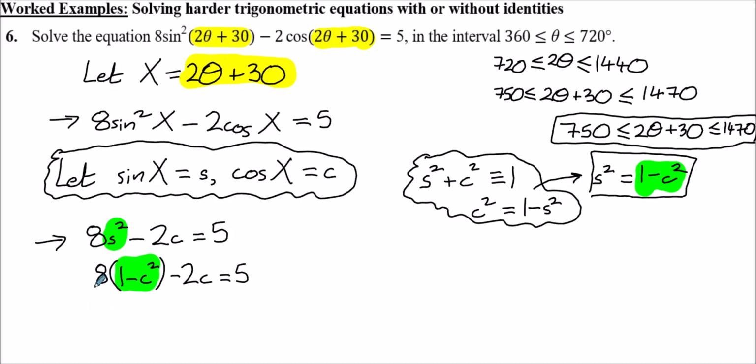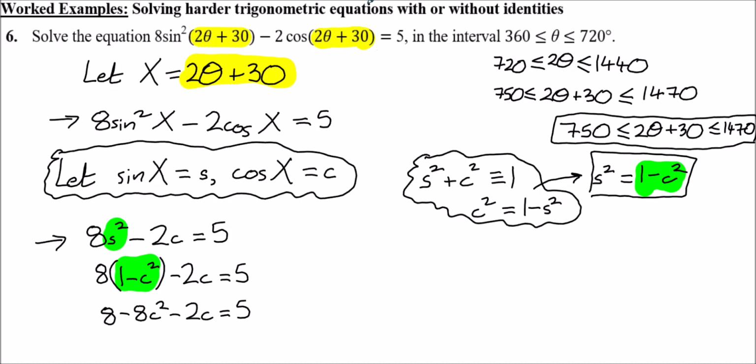So next we need to expand this out. 8 times 1 is 8. 8 times minus cos squared is minus 8 cos squared. And minus 2c equals 5. This is essentially now a hidden quadratic involving cos big X. Now it's harder to solve when you've got the quadratic term as negative.